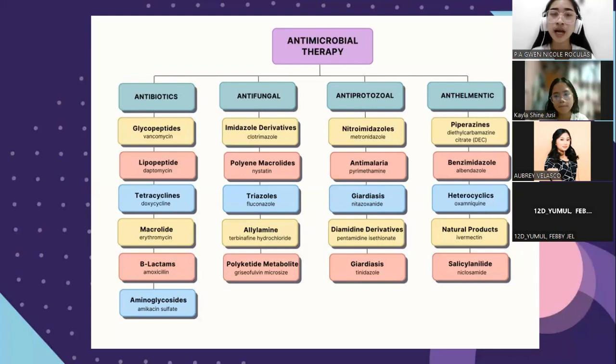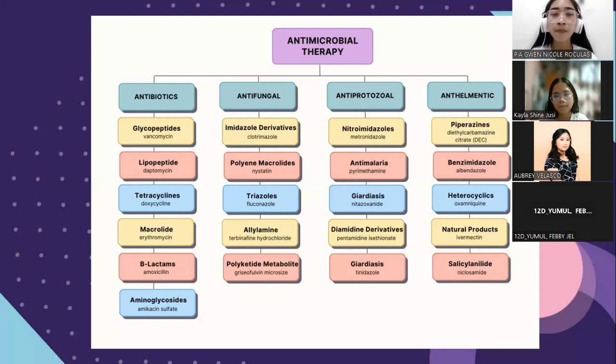The third one is the antiprotozoal. This agent plays a vital role in combating infections caused by protozoa, which are single-celled organisms responsible for various diseases. This report focuses on categorizing antiprotozoal agents into specific groups and presenting notable examples within each category, shedding light onto their mechanisms and applications.